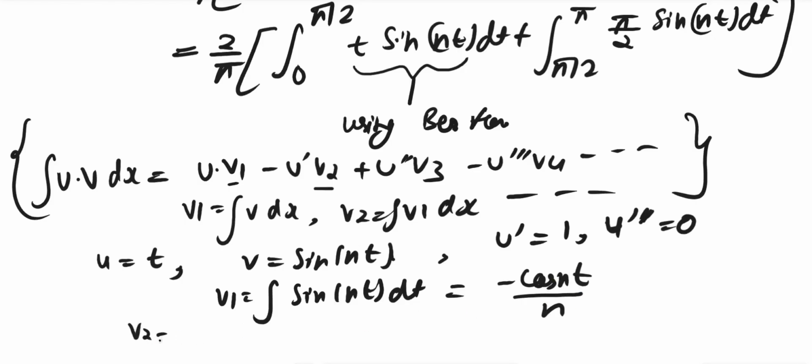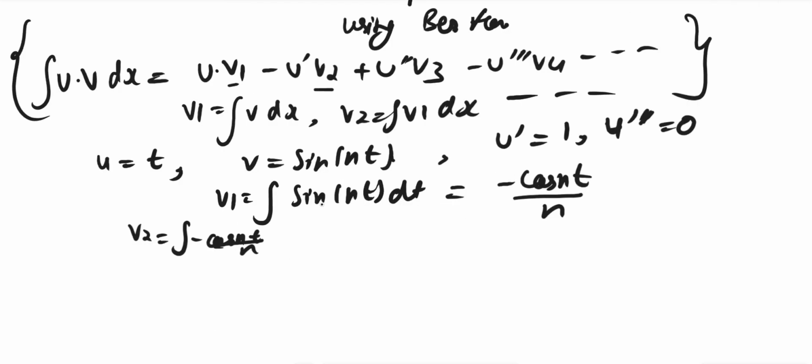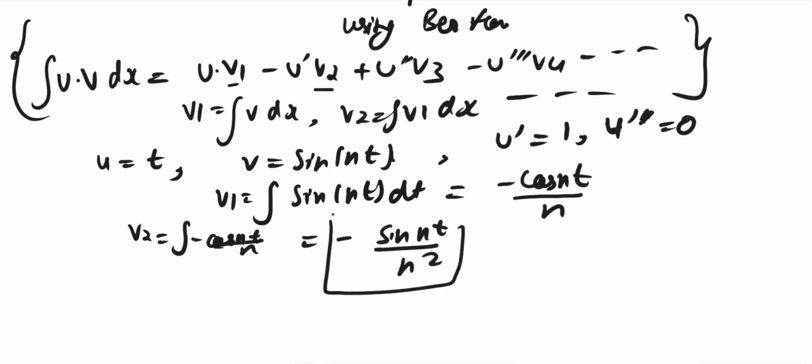Now v2 is integration of v1, that is minus cos nt divided by n, which is equal to minus sine nt divided by n square. So this is the value for v2, this is for v1, this is u dash and this is u double dash. So the formula is given by u multiplied by v1 minus u dash v2. We only need these two terms.